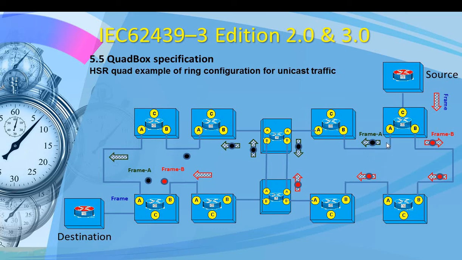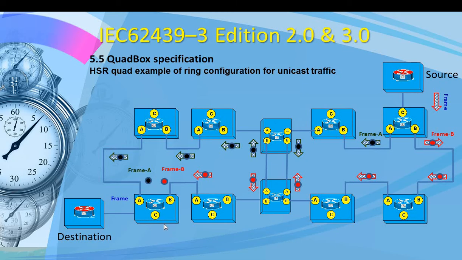This frame goes in direction A and this frame goes in direction B, going through 2 different quad boxes and forwarded to the second HSR ring. Still, frame A goes in this direction, frame B goes in this direction.